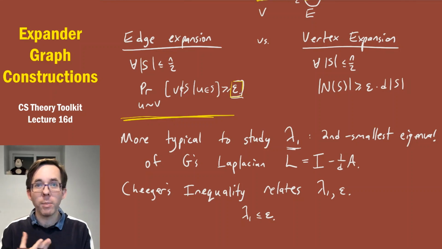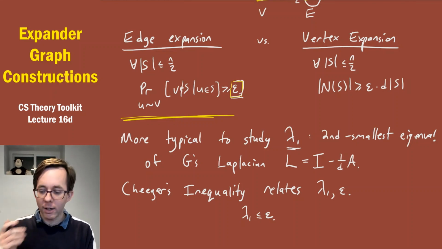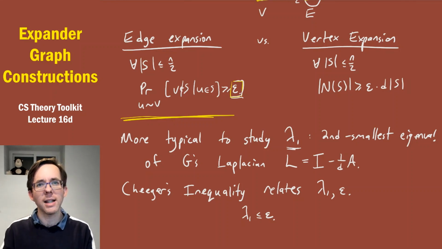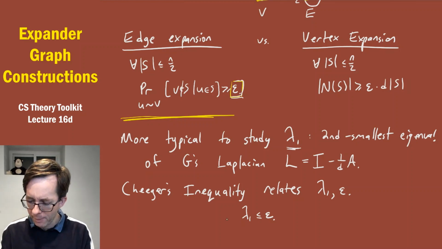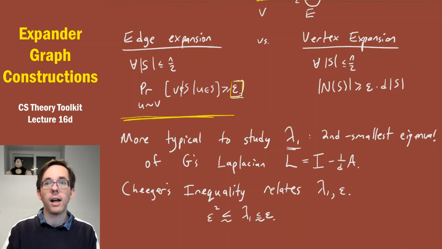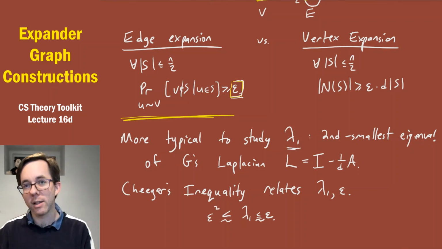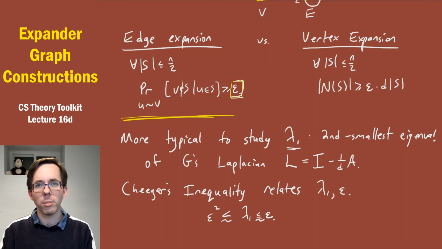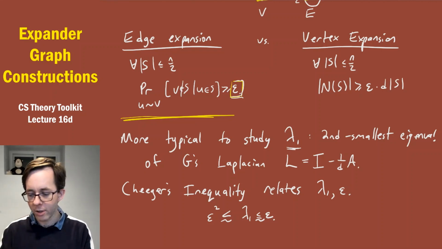But what it means is if you manage to construct a graph whose lambda 1 is large, then automatically its edge expansion is large. And that's the easy direction of Cheeger's inequality. Let me just put a little squiggle here to denote up to a constant factor. The hard direction of Cheeger's inequality is that also if lambda 1 is small, then epsilon, the edge expansion parameter, is also kind of small, up to a square.